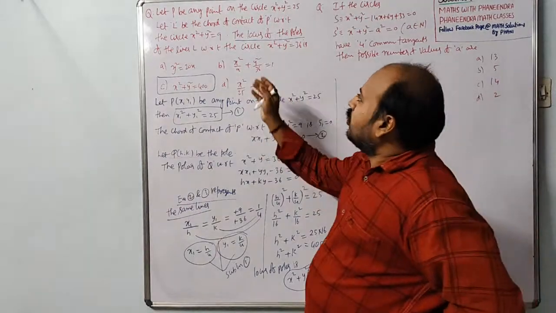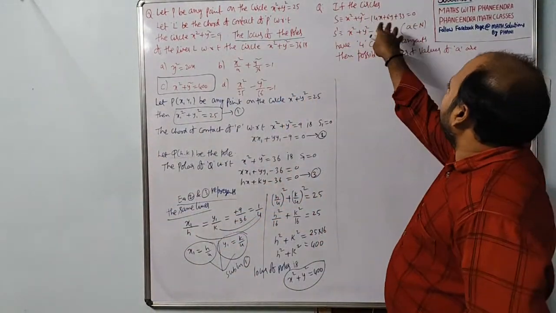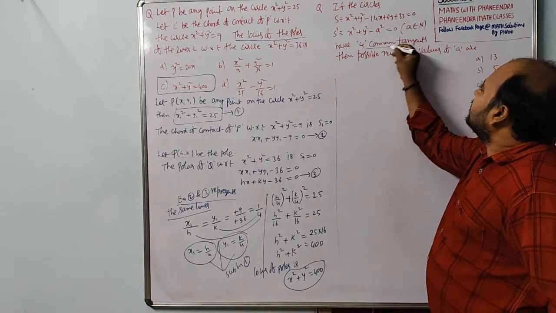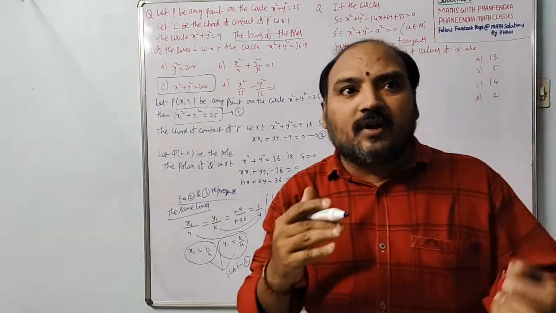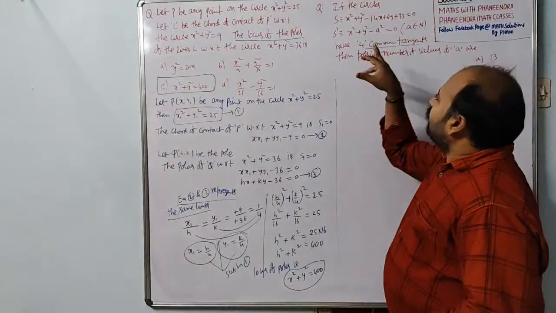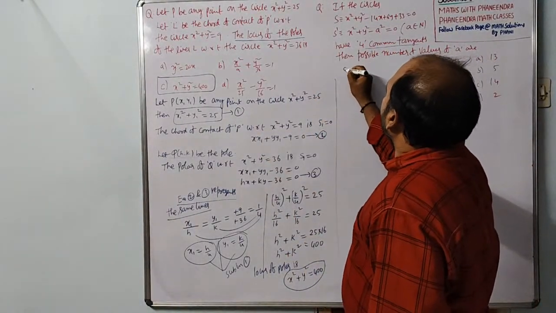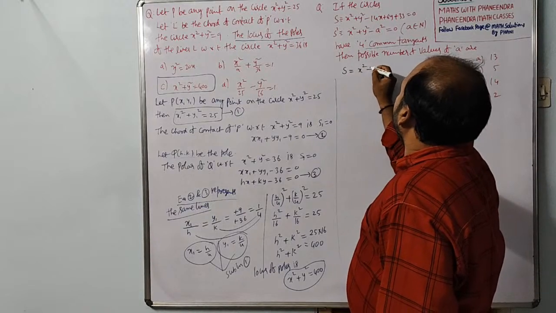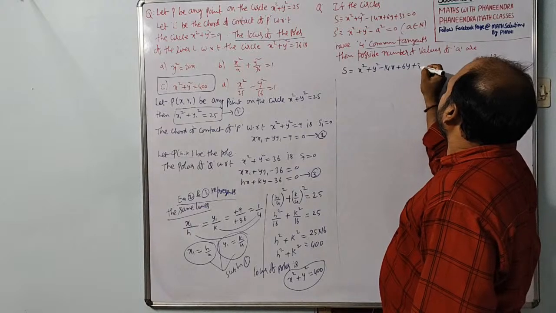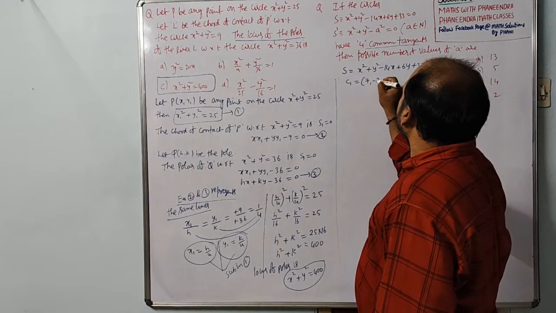Conceptually, this is the way we can go step by step. If the circles S and S dash are given to have 4 common tangents, at what relative positions of the circles do they have 4 common tangents? That is very important. First, from the circle S, x square plus y square minus 14x plus 6y plus 33 equal to 0, center C1 is 7 comma minus 3.